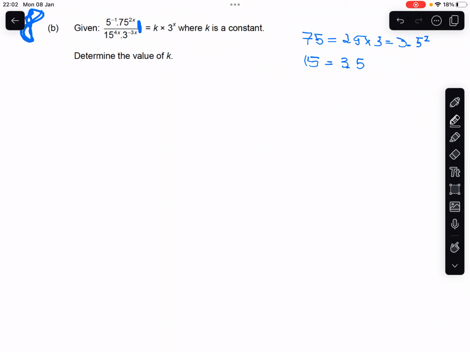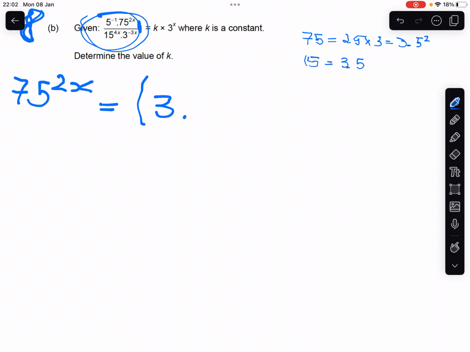Let's start by rewriting bits of the expression. 75 to the power of 2x is going to be the same as 3 times 5 squared, to the power of 2x.